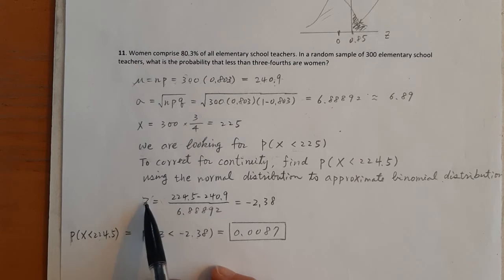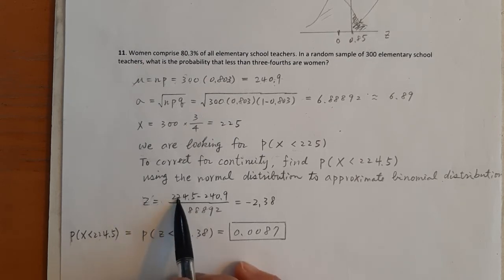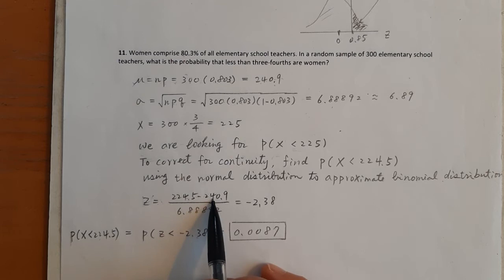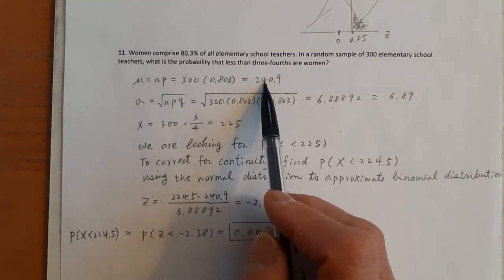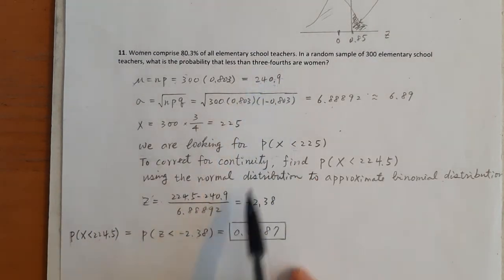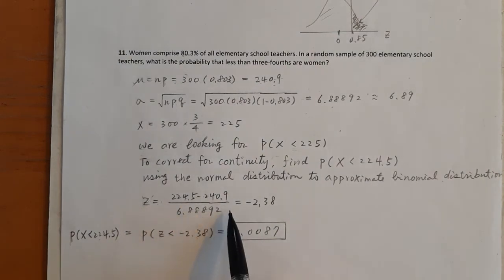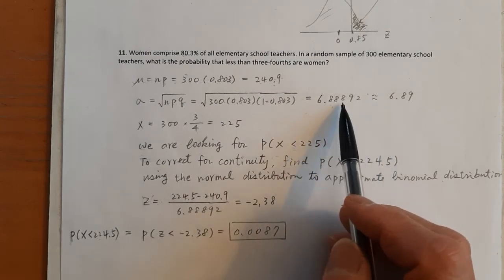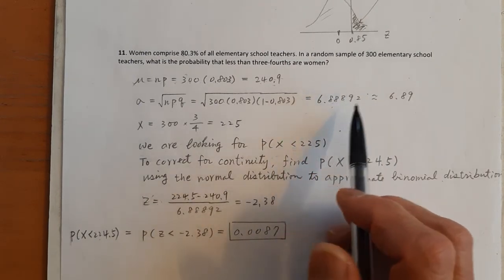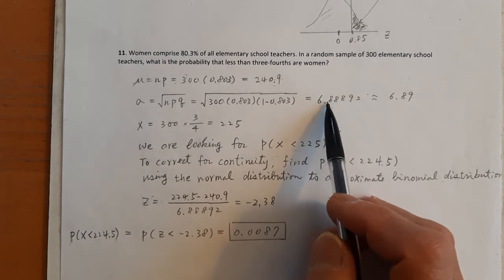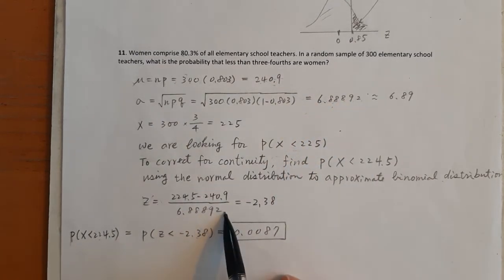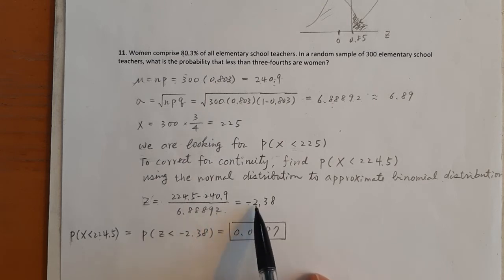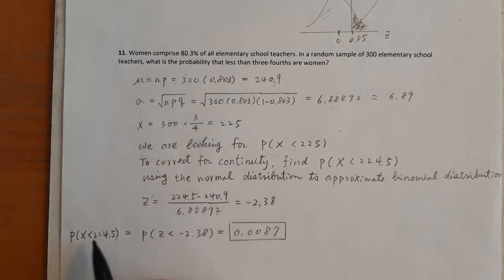In the z-score formula, X is 224.5 minus the mean, 240.9, over the standard deviation. I use more decimal digits to be more accurate: 6.88892. Calculating, we get negative 2.38. So 224.5 corresponds to a z-score of negative 2.38.